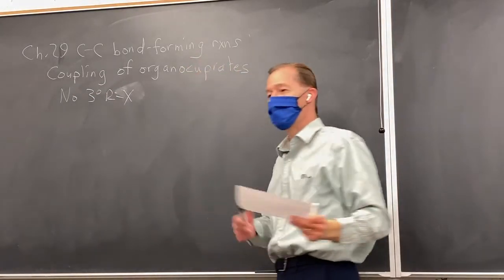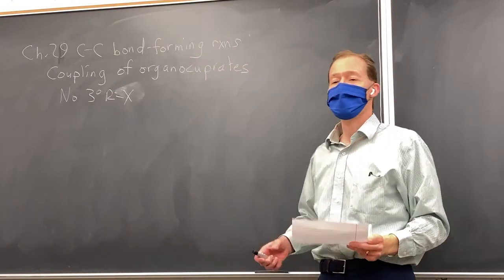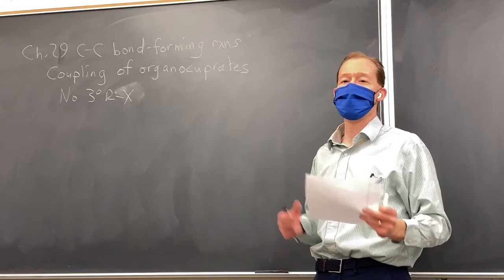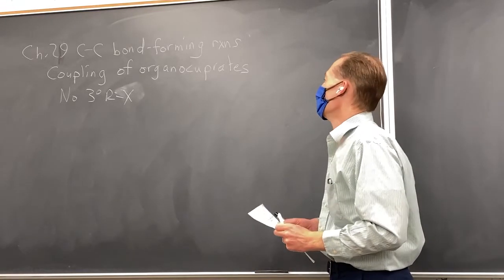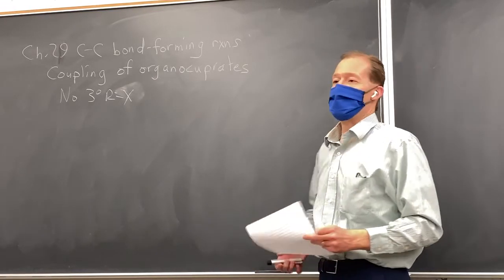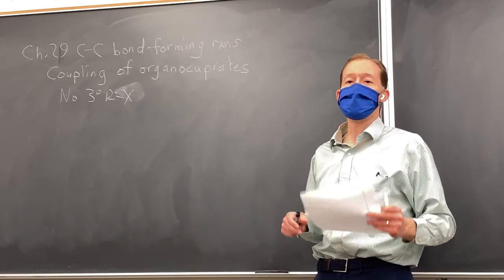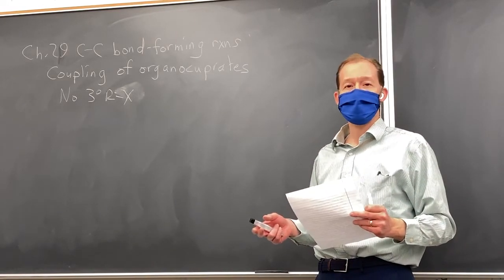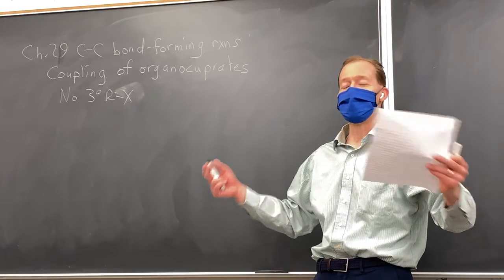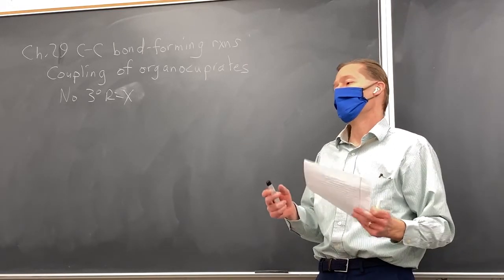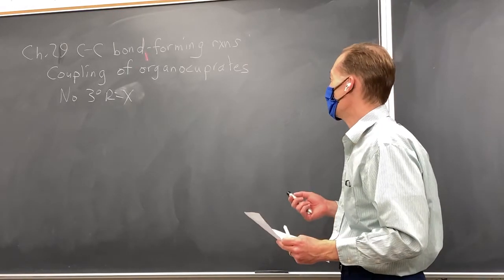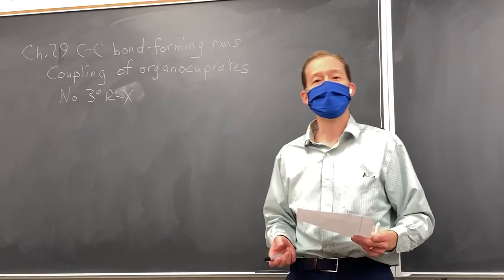We can use some, but not all, secondary alkyl halides. We can couple alkyl, aryl, or vinyl halides with cuprates. And remember that our organocuprates originate from halides. So this is basically a way of taking 2 halides and coupling them together by converting one of them into an organocuprate.